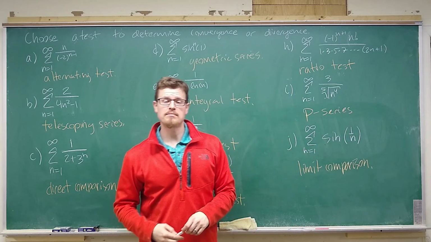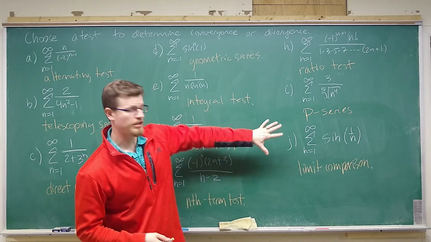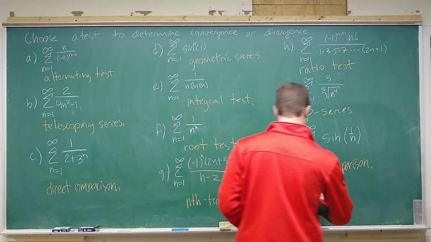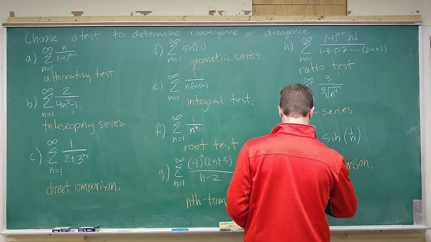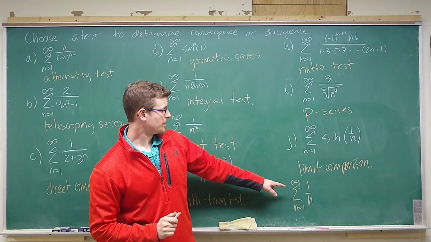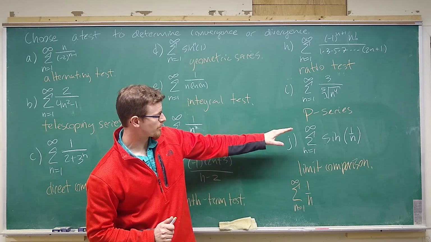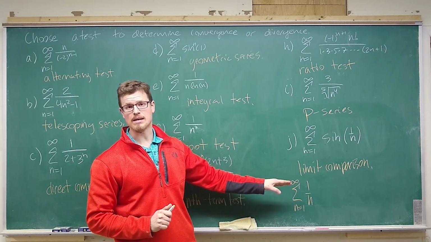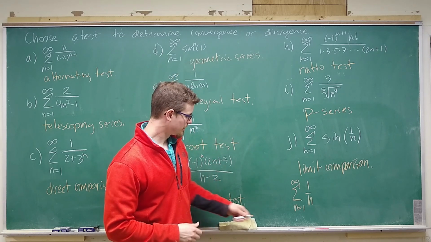And while that may not have been immediately obvious if you were just to consider that problem on its own, recognize that if you were to compare it with 1 over n, then you'd be taking the limit of sine of 1 over n divided by 1 over n, which would be the limit of n times sine of 1 over n. And that's a limit that we should be familiar with.